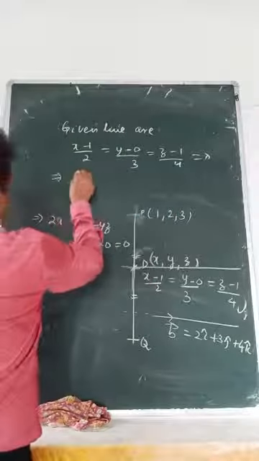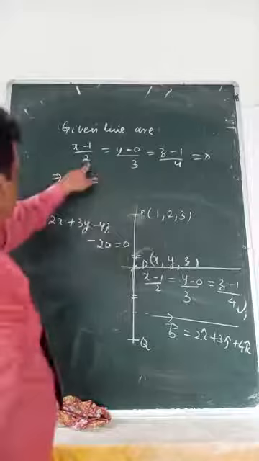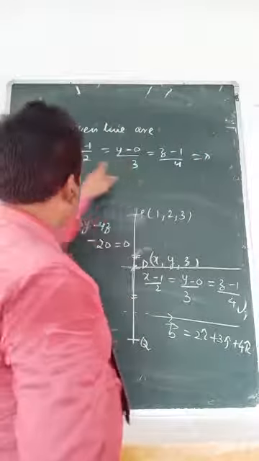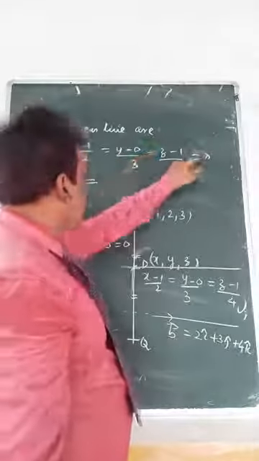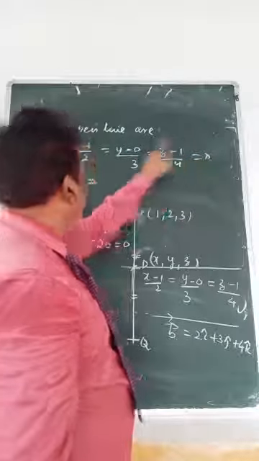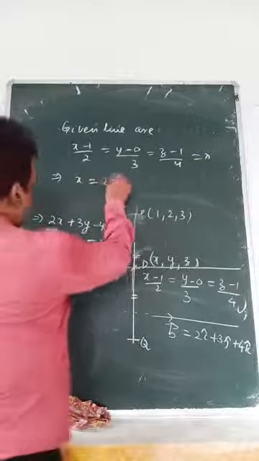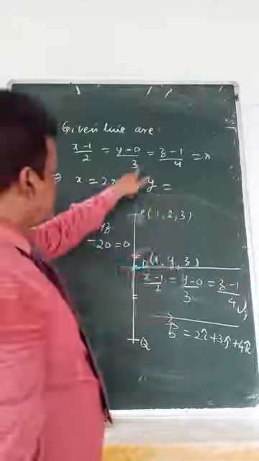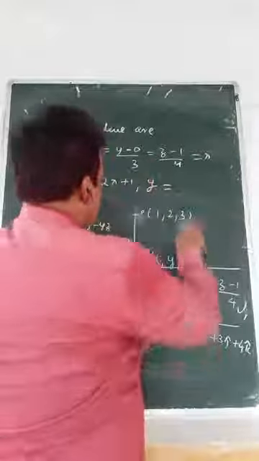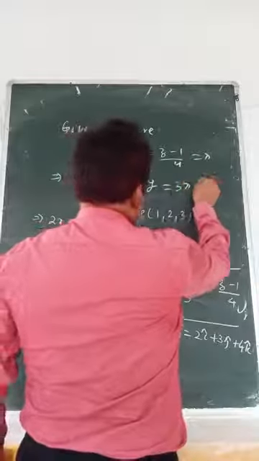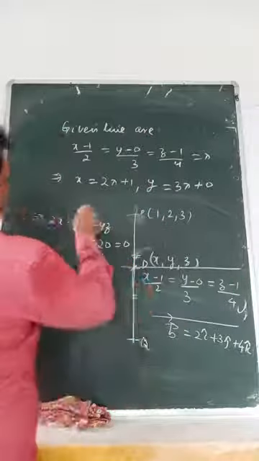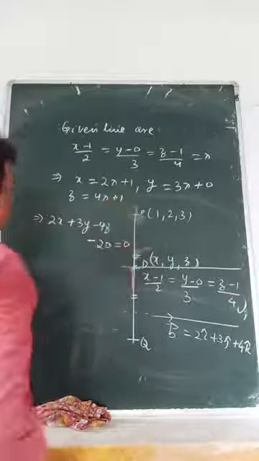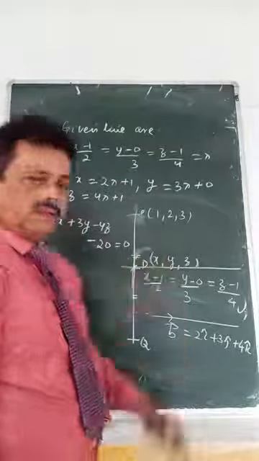Directly I am writing, x equals 2 lambda plus 1, means if I equate this one to this one, I will get 2 lambda plus 1. Y how much will you get? 3 lambda plus 0. Z equals 4 lambda plus 1. Got it?